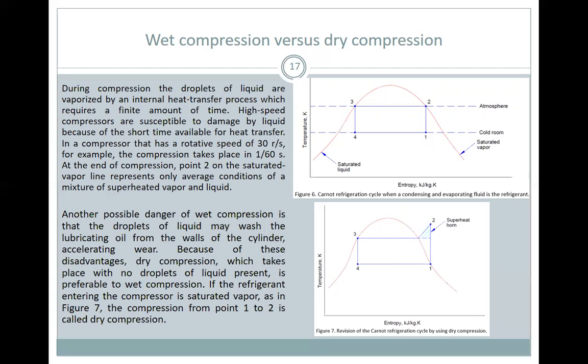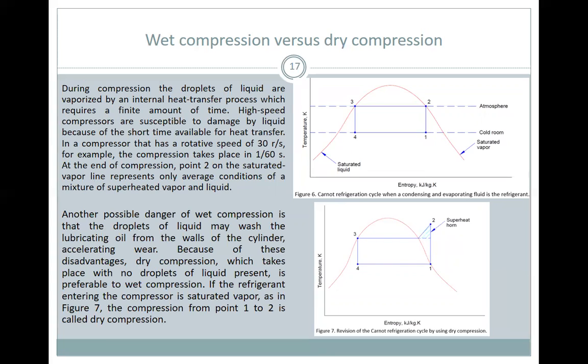At the end of compression, point 2 on the saturated vapor line represents only the average condition of a mixture of superheated vapor and liquid. Another possible danger of wet compression is that the droplets of liquid may wash the lubricating oil from the walls of the cylinder, accelerating wear.